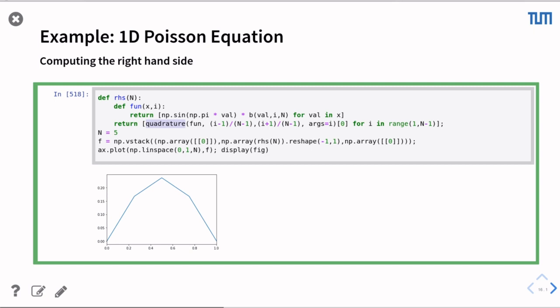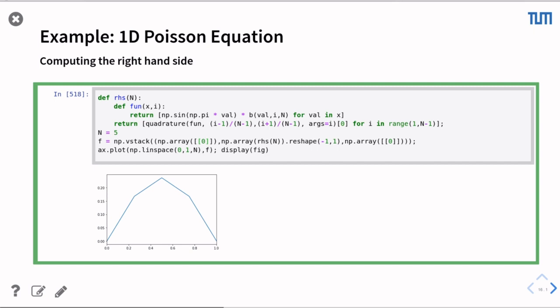Here we're just using the built-in Python function, which is part of SciPy, I think, and it just computes the numerical integral of the function you give it, in this case of our right-hand side multiplied with the basis function i. We do this for all i's that we have in the interior, and then we attach some zeros to the outside because we already know that at the left and at the right boundary we have 0.